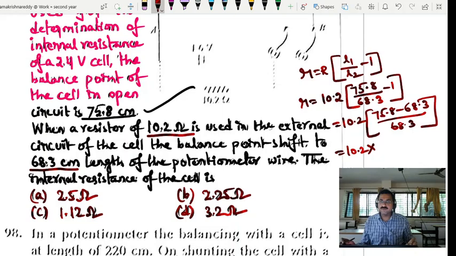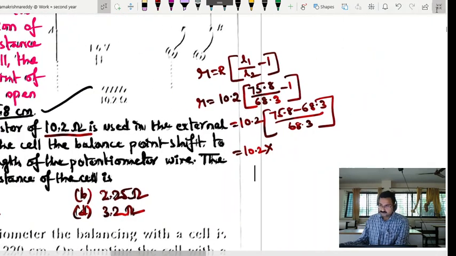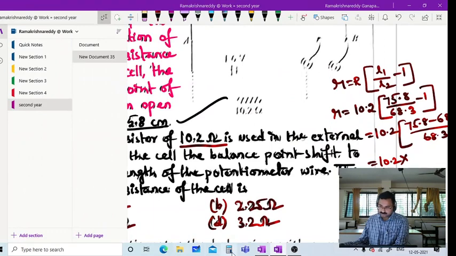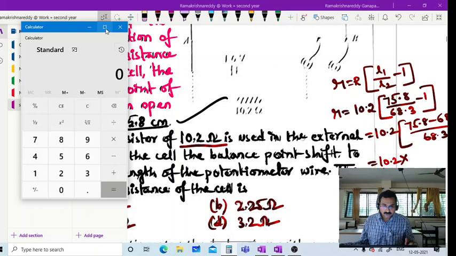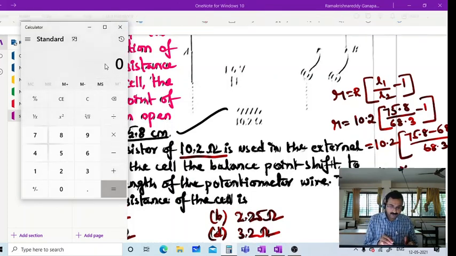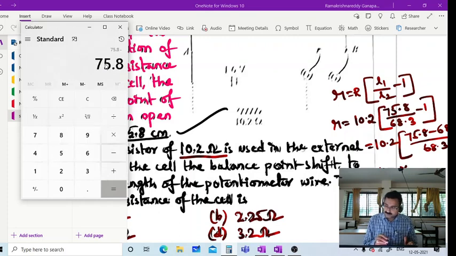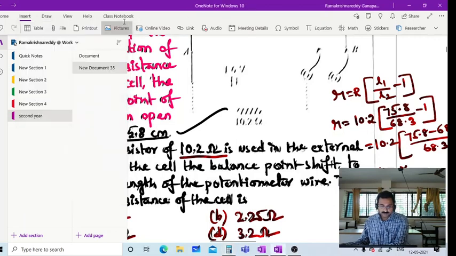So 75.8 minus 68.3 is 7.5, into 10.2, which is 76.5, divided by 68.3. We are getting 1.12.